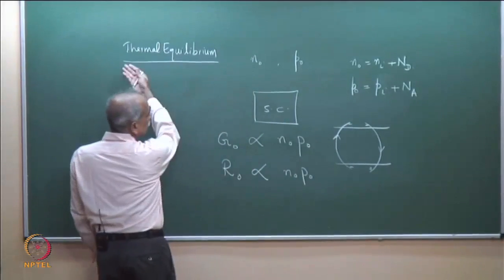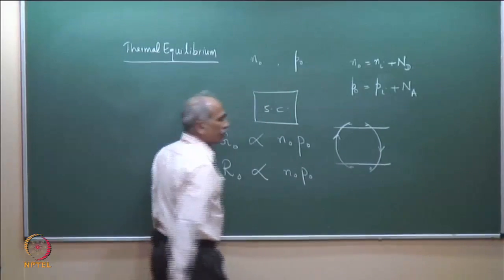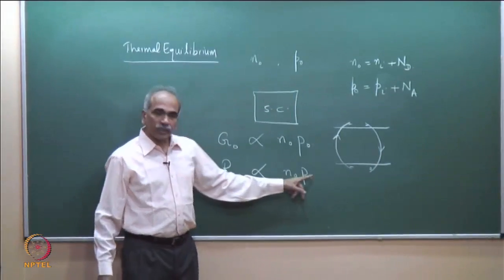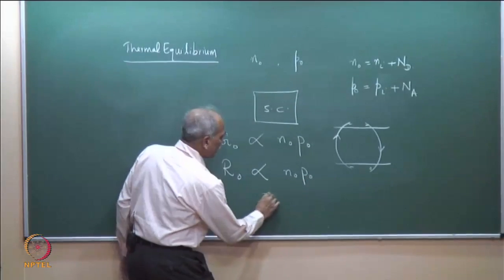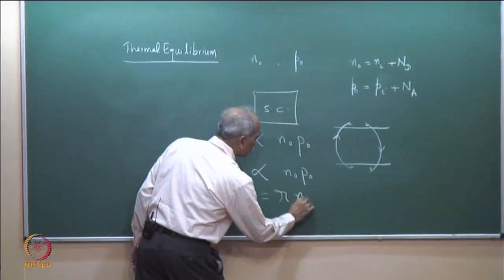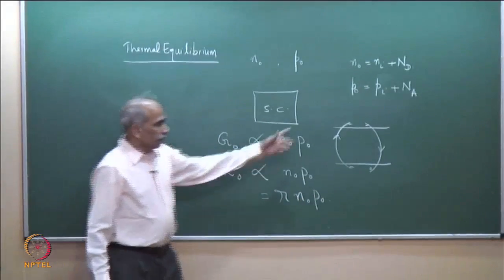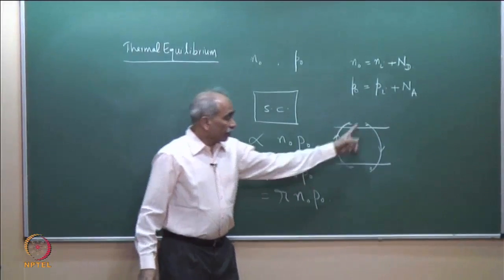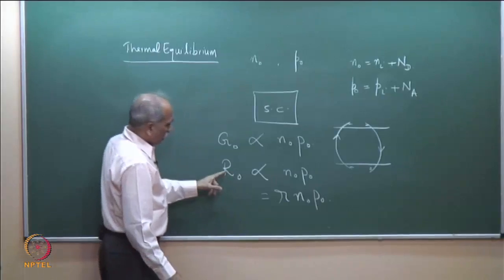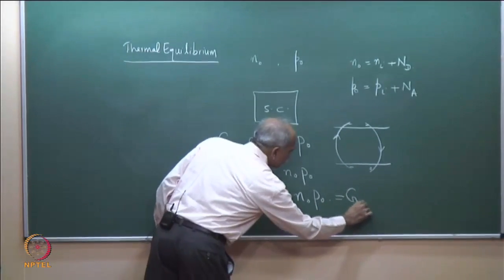Because we are in thermal equilibrium, we have the rate of generation and the rate of recombination. The rate of recombination is proportional to N0 and P0, which we can write with a proportionality constant, a rate constant R, as R into N0 P0. Since it is in thermal equilibrium, the rate of recombination must be equal to the rate of generation. Therefore, R0 equals R into N0 P0, which must be equal to G0.